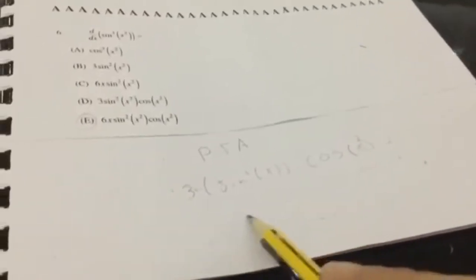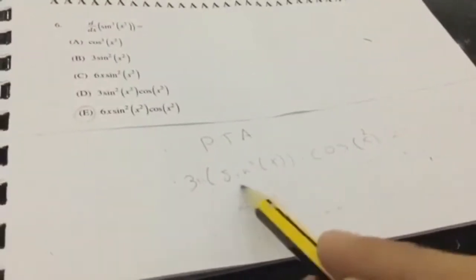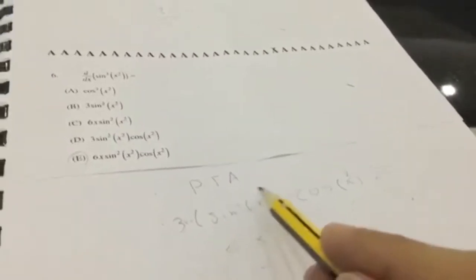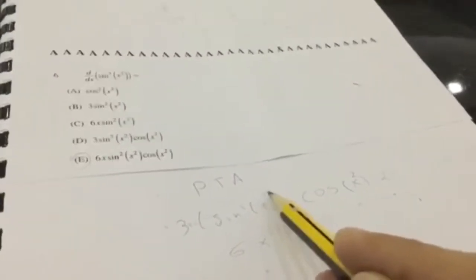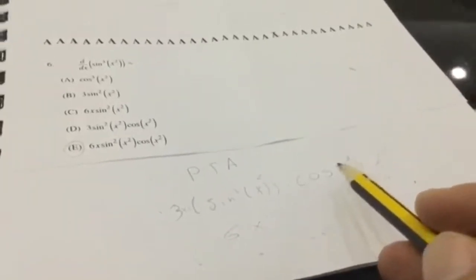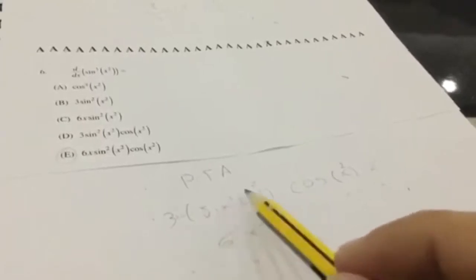So here we have 3 multiplied by 2x, which is 6x. So the answer will be 6x sine squared x squared multiplied by cosine x squared. So the answer is E.